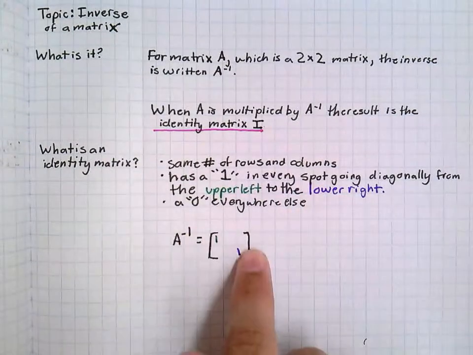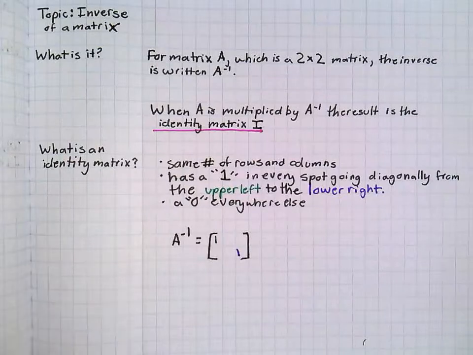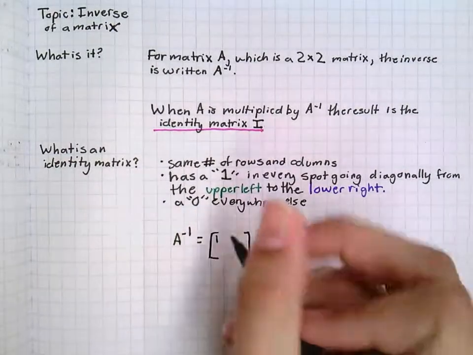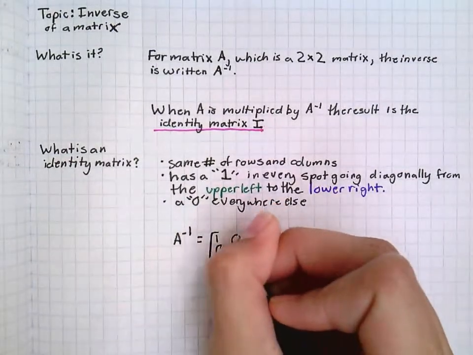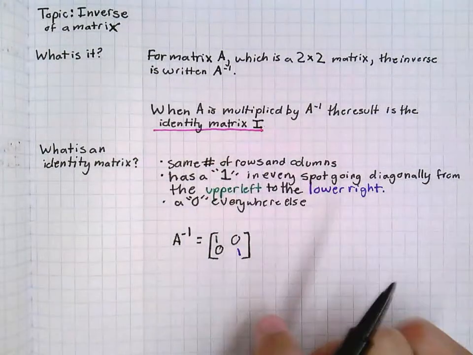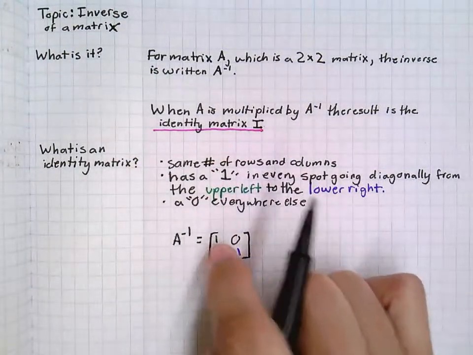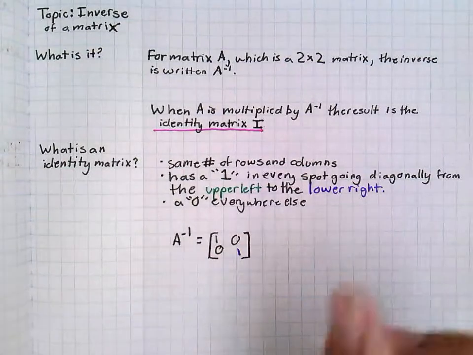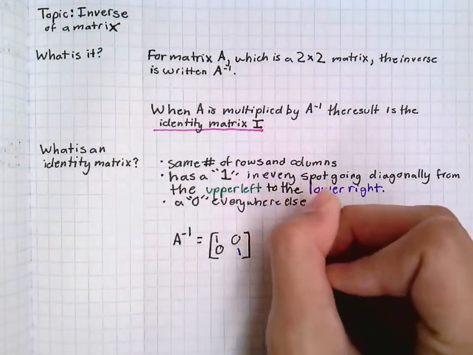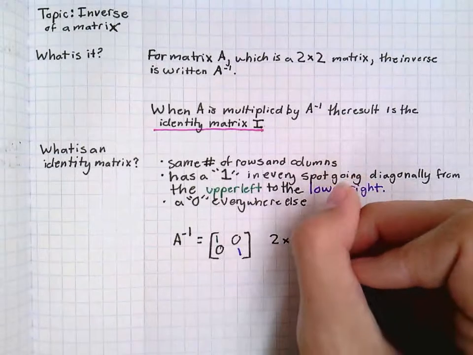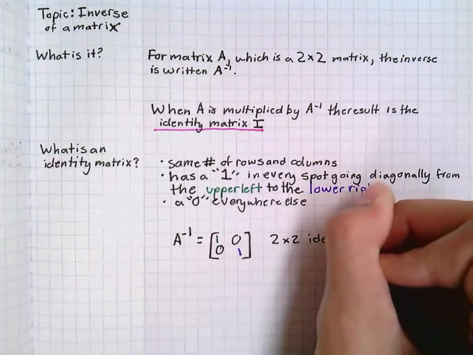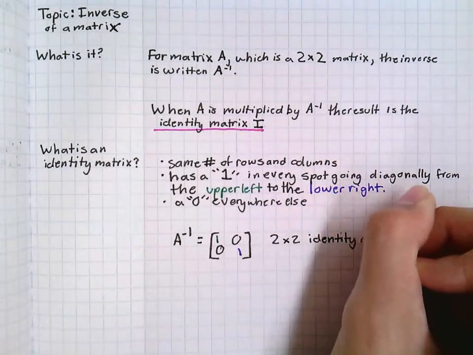So you have that diagonally. And a 0 is put everywhere else, like this. So now you have the 1, 0, and the 0, 1. This is a 2 by 2 identity matrix.